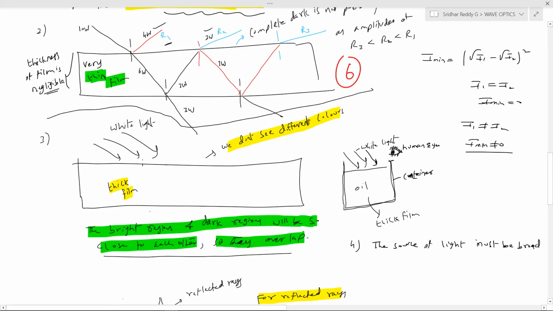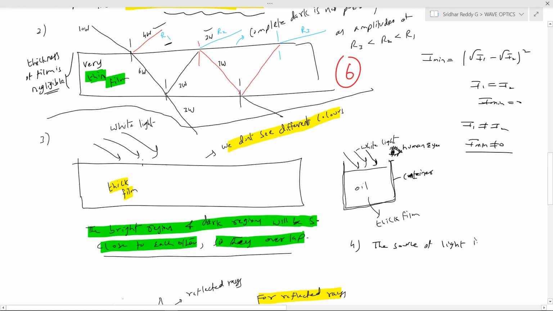We should not discuss this interference due to thin films with a ray of light. Sunlight will be incident on a film, then we can see this particular interference phenomenon. If you take a laser beam and focus it onto the surface of a thin film, we don't see the film appearing colorful. So the source of light incident on the thin film must be broad.